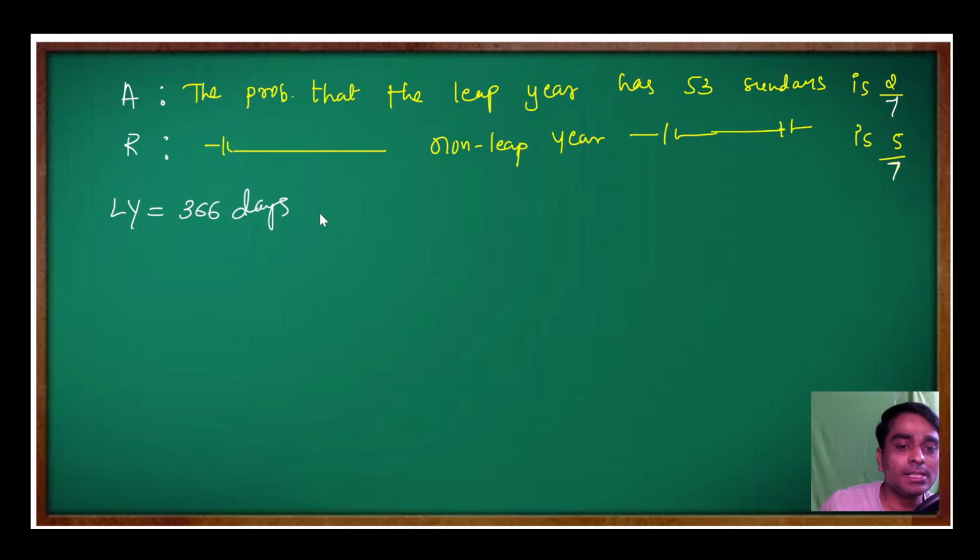In this 366, I will do like this: 364 divided by 7, 52 weeks. Now remaining are 2 days. 2 days extra. Here they are remaining.